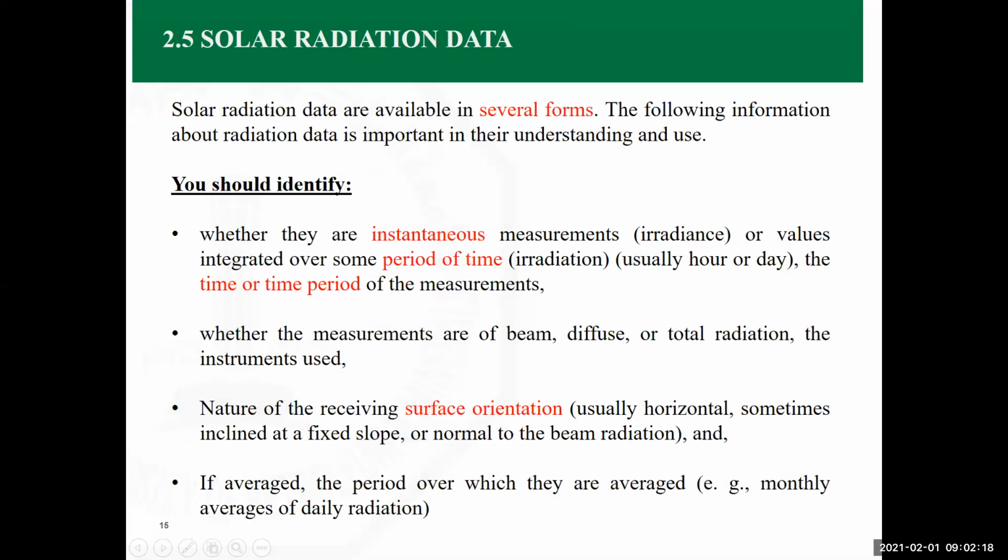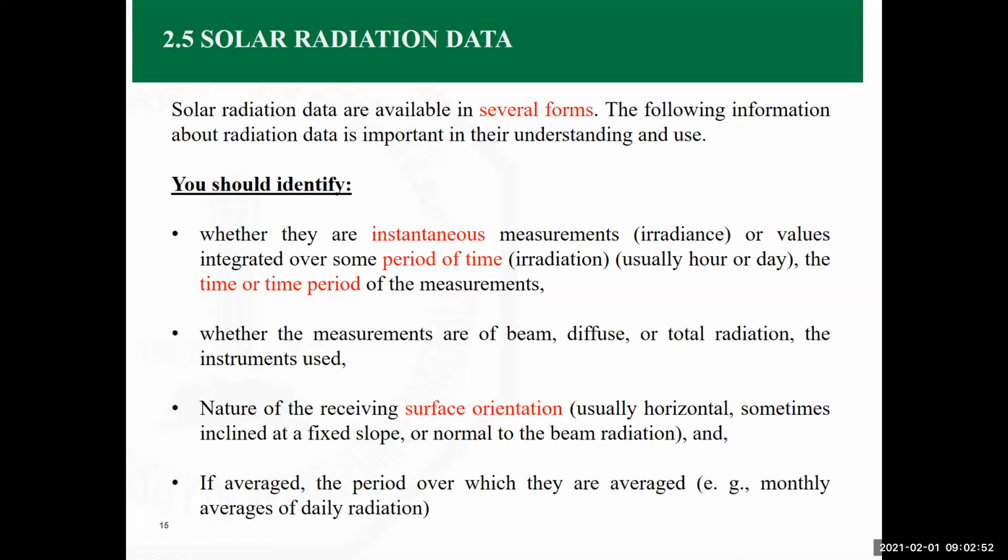Okay, so what we might be looking at again is the solar radiation data that can be available in several forms. There is some information we need to know to understand what kind of radiation is available, that is, whether these are instantaneous measurements or values integrated over a period of time. The data should be explained, but we can also see it from the units.